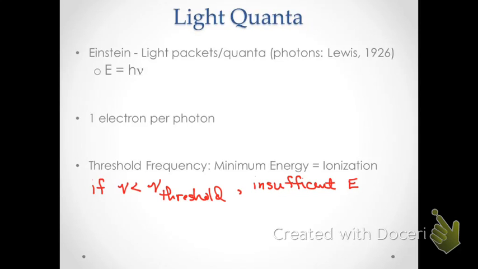And of course, since the photon energy depends on the frequency, if the frequency is less than this threshold value, not enough energy is available to eject the electron, so nothing happens. So the threshold frequency represents the minimum energy necessary to eject the electron, it represents the ionization energy.